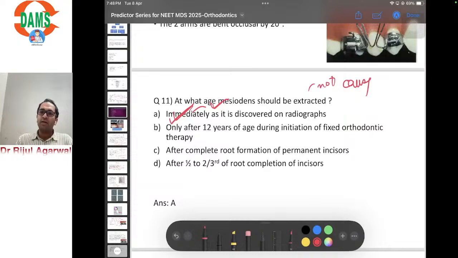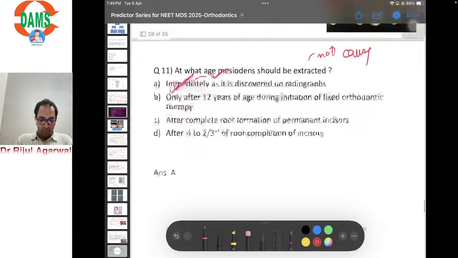There may be a clinical scenario where it can be used for stem cell research, but nothing like that happens. As and when it is observed, it should be extracted because it can cause root resorption, malocclusion, anything in the future. So as and when it is seen, like an impaction, it should be extracted.